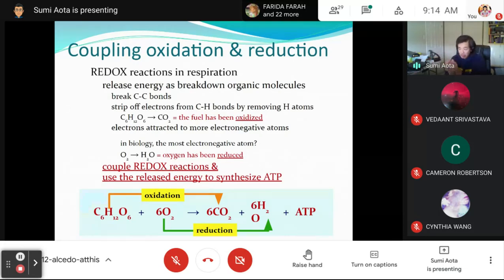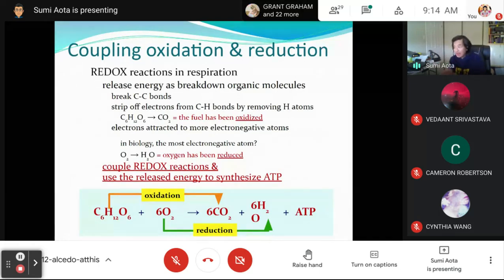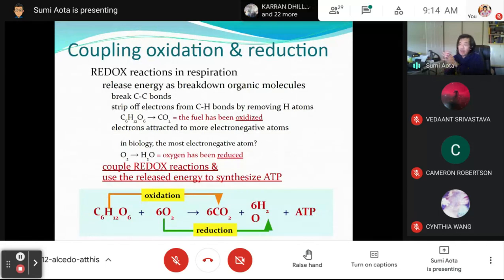So in cellular respiration, you're using the energy of redox reactions to drive the synthesis of ATP from ADP and phosphate. This basically summarizes all of cellular respiration in one slide. That's the point. Now we just go into the details of how we get all of this to work.